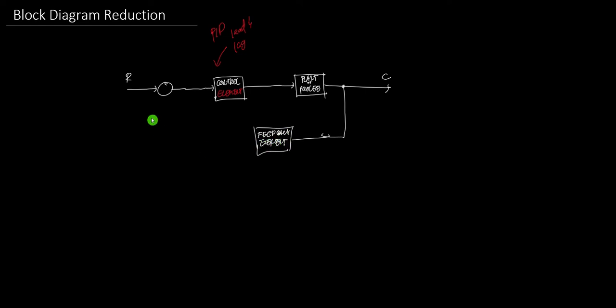Then the output of the feedback will be fed into the summing point here, and we can call this one B. B here is the primary feedback signal.